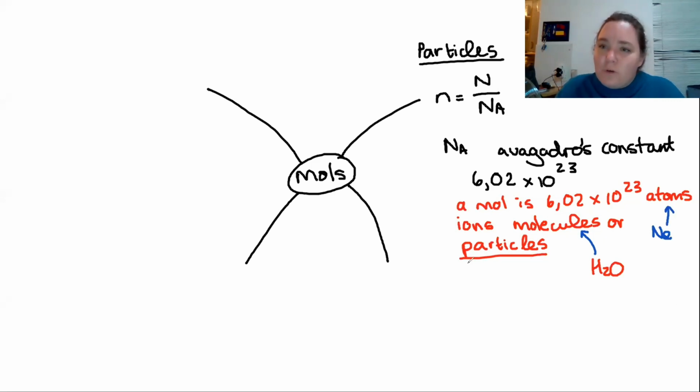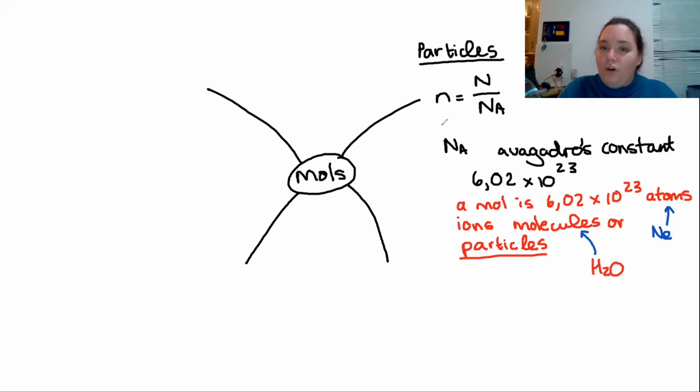Whereas if you use the word particles, it covers whatever you're talking about. Particles is a little bit like thingamabobs, thingamajigs, okay? It covers whatever you're talking about. So I can talk about a mole of neon particles or a mole of water particles, and then the word particles just kind of adjusts to whatever it is that I'm talking about.